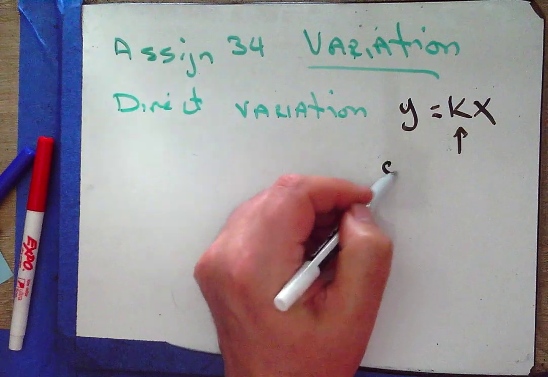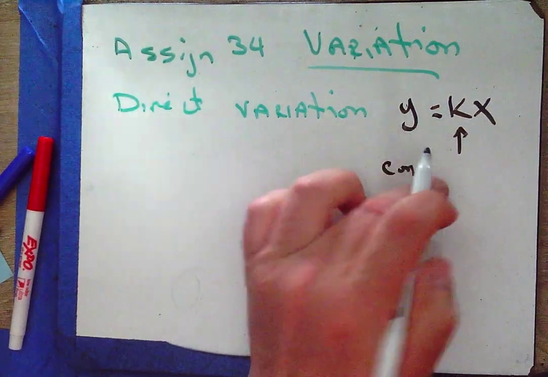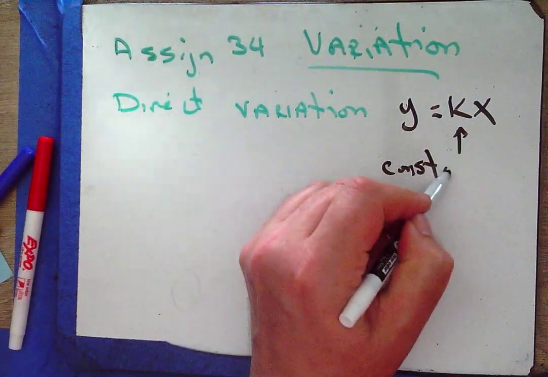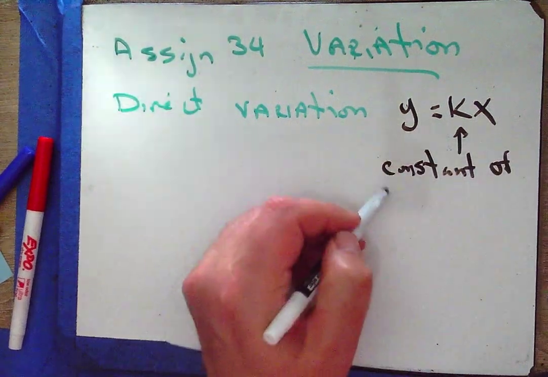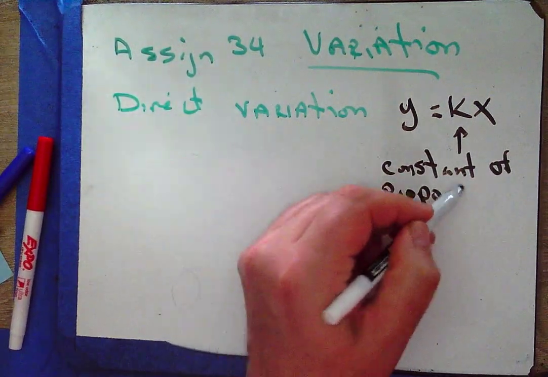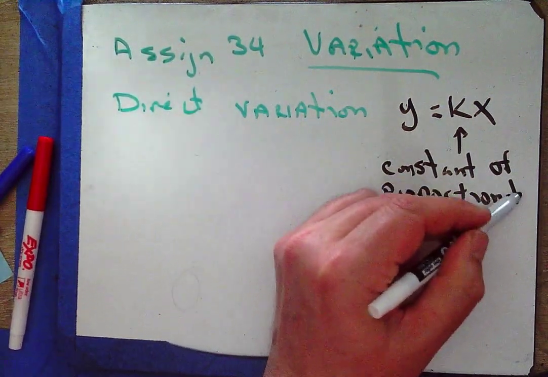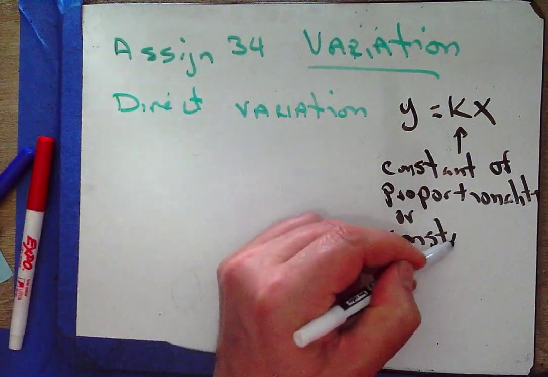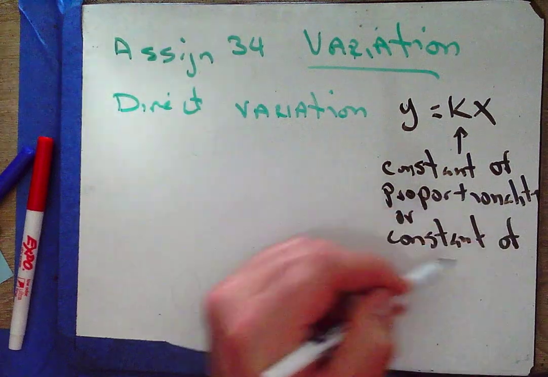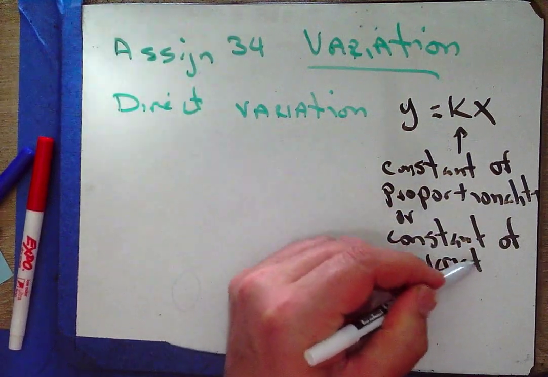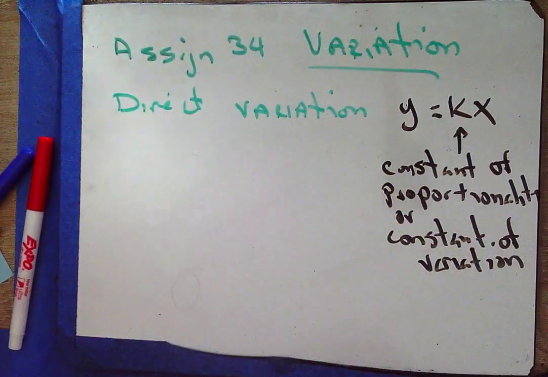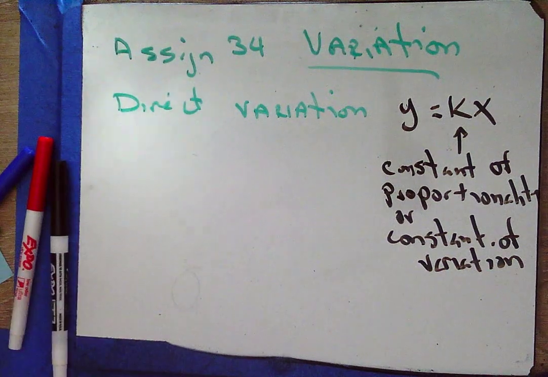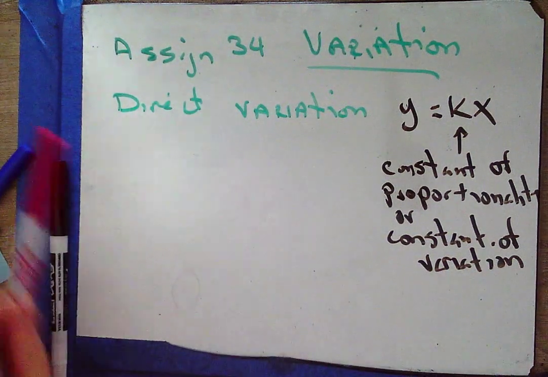That's called the constant of proportionality, or the constant of variation. And we'll see that k showing up in every one of our variation models.